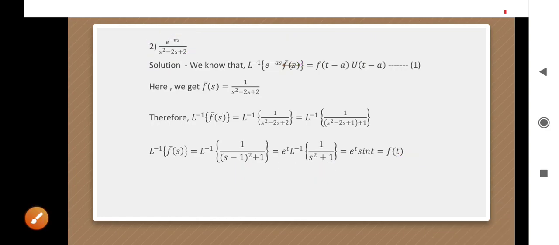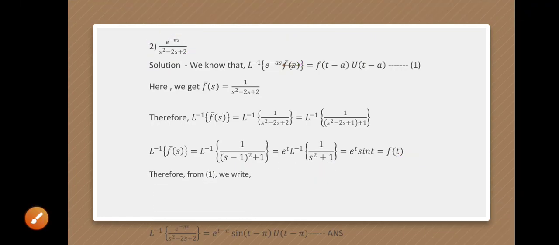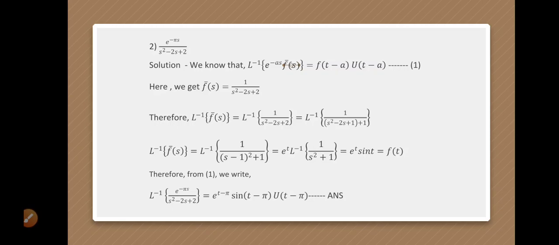So you get the final answer as L inverse of e raised to minus pi s upon s square minus 2s plus 2 equal to e raised to t minus pi into sine of t minus pi, and this result is multiplied by u of t minus a, that is u of t minus pi. So this is your final answer for the given function of s.